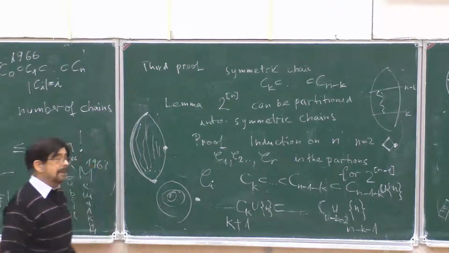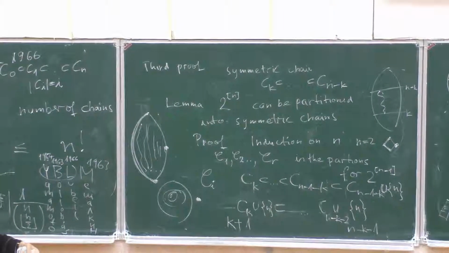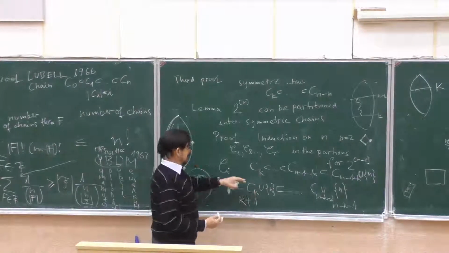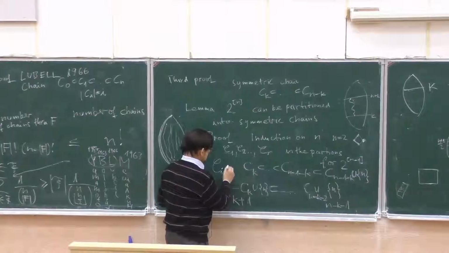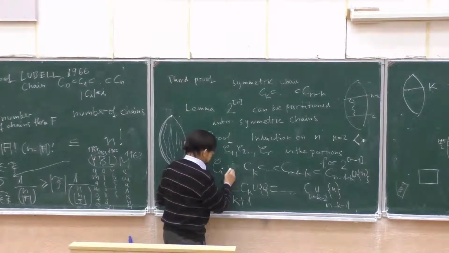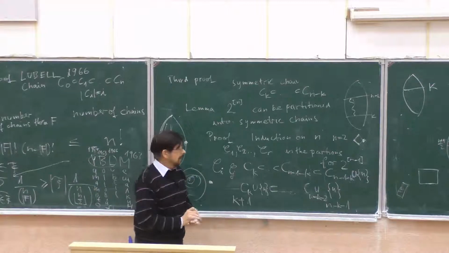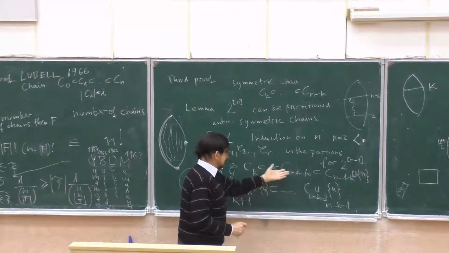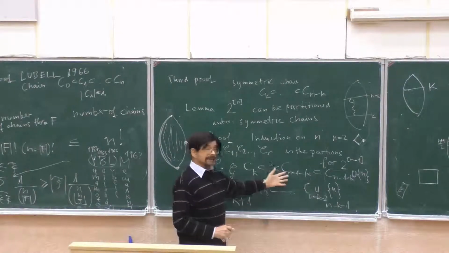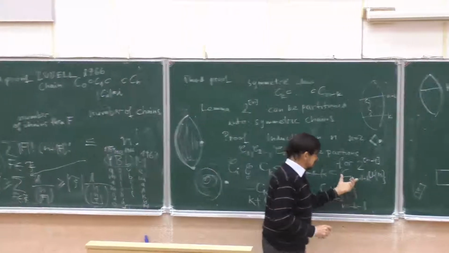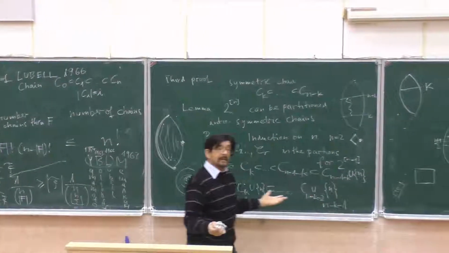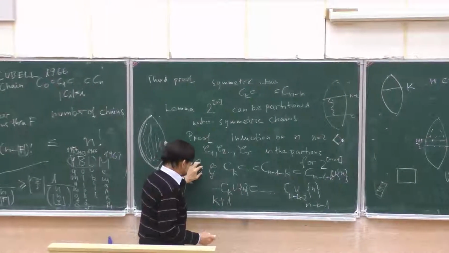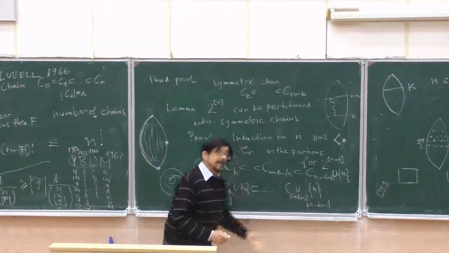So can it happen that in C_i and in C_j we have the same set? No, because the sets in different chains are different. And this was different also, we added and it will be different.